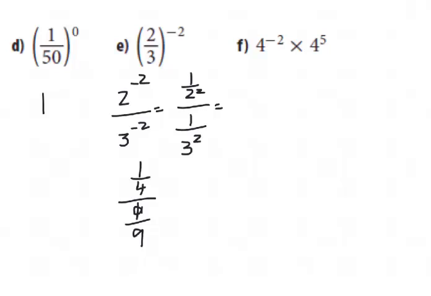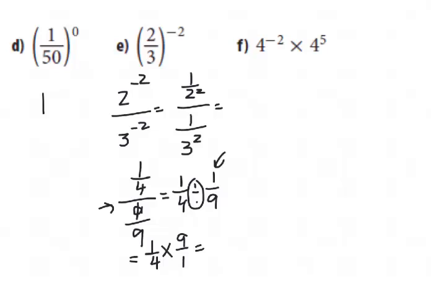Now, I can write this as 1 over 4 divided by 1 over 9, which is exactly the same thing. Instead of using the line, I'm using the division symbol. Now remember, to divide two fractions, we flip this one and change division to multiplication. So this is the same as 1 over 4 times 9 over 1.